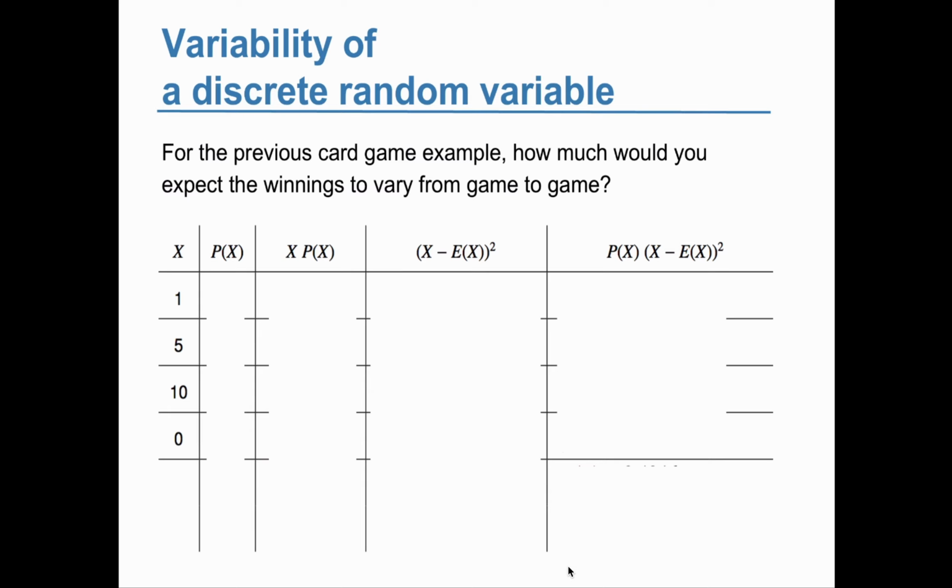So how much would you expect the winnings to vary from game to game? Right, we said this was a 12 out of 52 probability, this was 4 out of 52, this was 1 out of 52, and this is 35 out of 52. And so this was 12 out of 52, 20 out of 52, 10 out of 52, and 35.